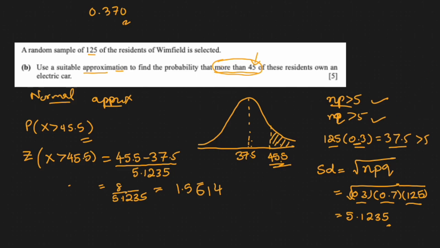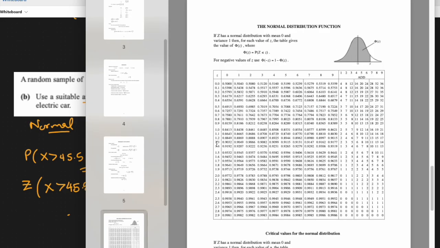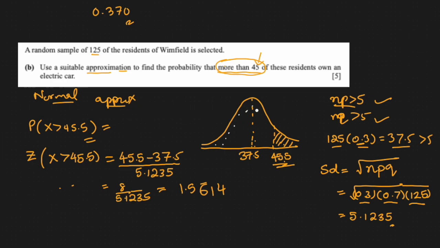Let me look at the table once more. Here 1.5614. 1.5 is z here, then 6, and we have 0.9406. Then we have to add 1 after that, 1.51, 1 is 1, so it will be 0.9407. This 0.9407 is the area lower than 45.5.